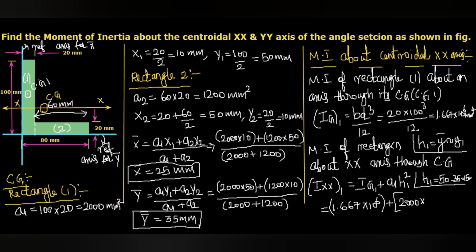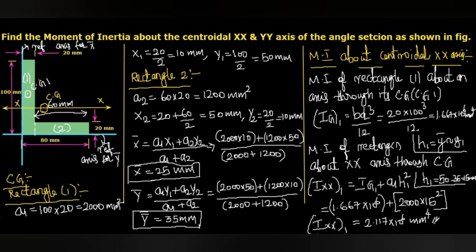That means we will get 15 mm. So 15 square. When you simplify all the values, then we will get IXX1, that equal to 2.117 multiplied with 10 power 6 mm power 4. Okay, this is moment of inertia of rectangle 1 with respect to the xx axis, which passes through the center of gravity of the whole section.